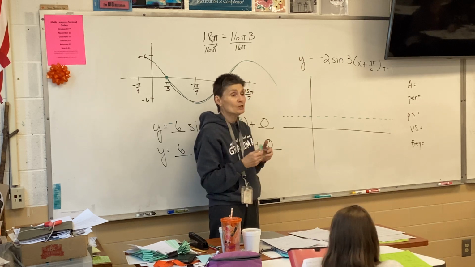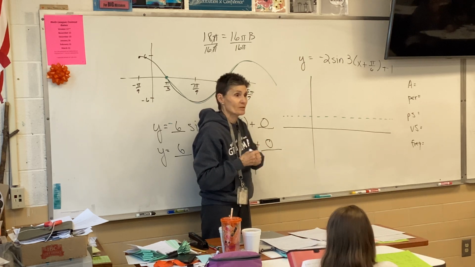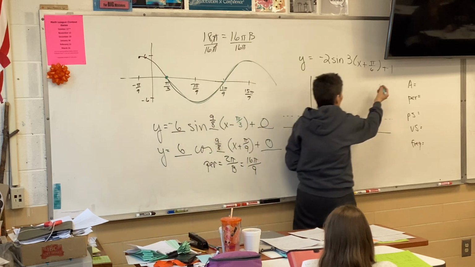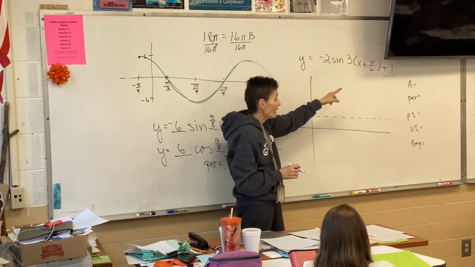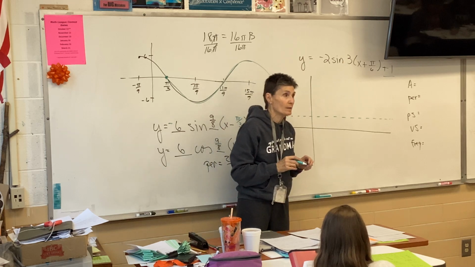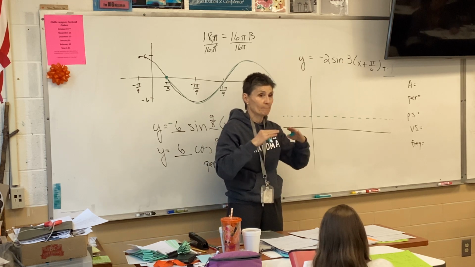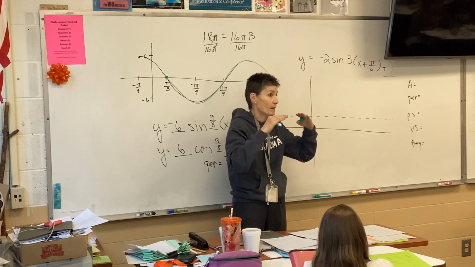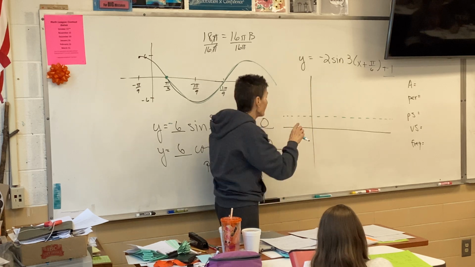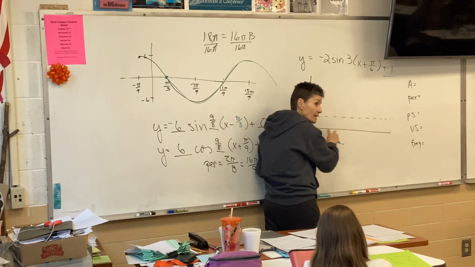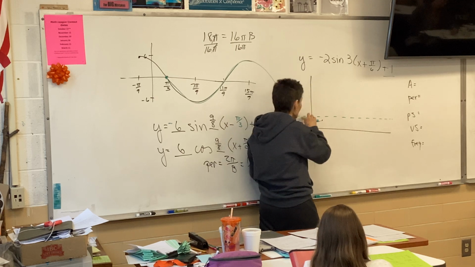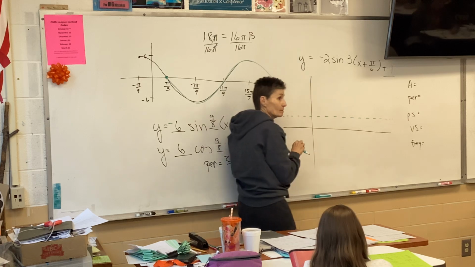Now, I've given you a little bit of a jump start with this. Because what does that plus 1 on the end of the equation mean? I'm lifted up 1. So now, instead of my curve oscillating across the x-axis, it's going to oscillate across this line. All right?